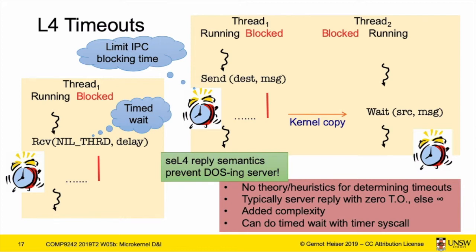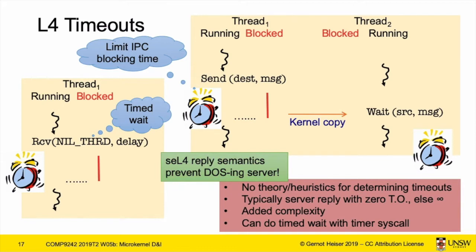And if this client goes away, well, then the reply endpoint goes away, and the reply fails, but it doesn't block the server. So for the normal case where the client trusts the server, but the server doesn't trust the client, you don't need to do anything. The semantics come out right.